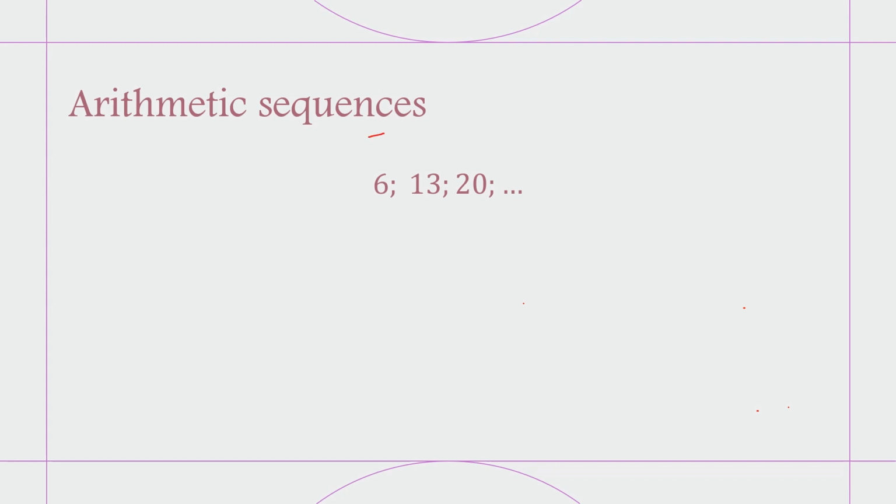Let's say we have term 1, this is our term 2, and this is our term 3. The difference between two consecutive terms is between term 1 and term 2. Those are consecutive terms, terms that are close to each other. The other consecutive terms are between term 2 and term 3.